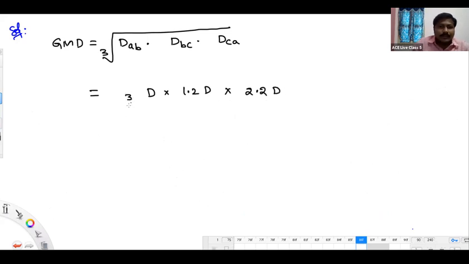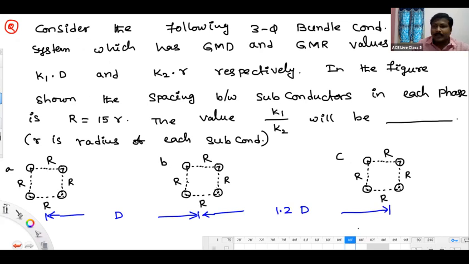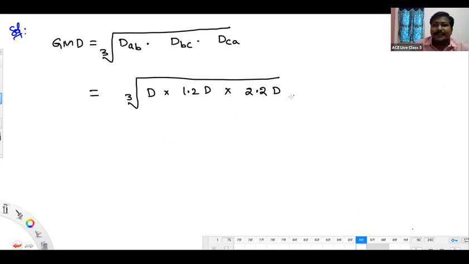Three terms, so it is a cube root. Cube root of capital D into 1.2D multiplied with 2.2D. Under the cube root, D cubed, D will come out of it, and you have the cube root of 1 into 1.2 into 2.2. Can anybody tell me this constant number?